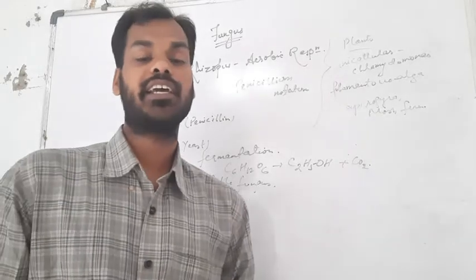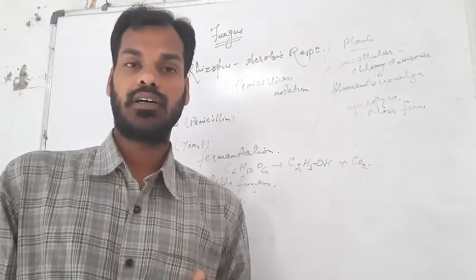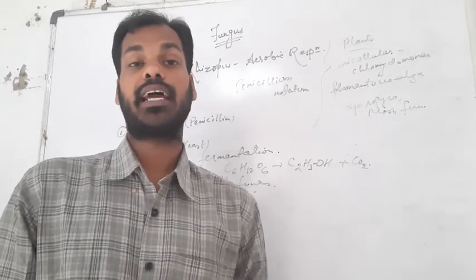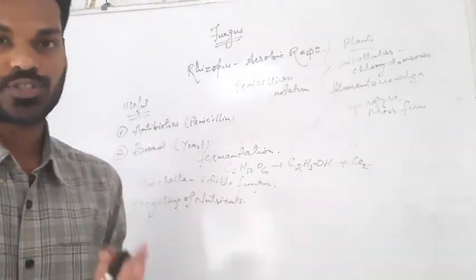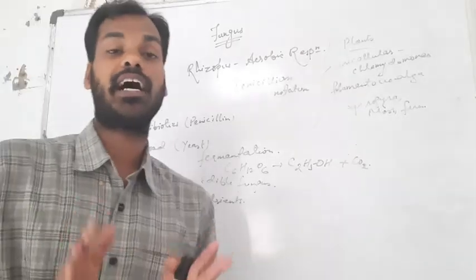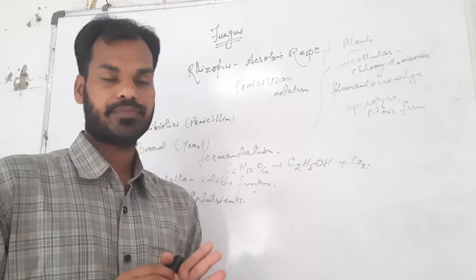In kingdom Plantae, the characteristics are that they do not have the capacity of movement, they are autotrophic, and they have a cell wall. They possess chlorophyll and can do photosynthesis. These are all characteristics of kingdom Plantae. They are present at a fixed place.